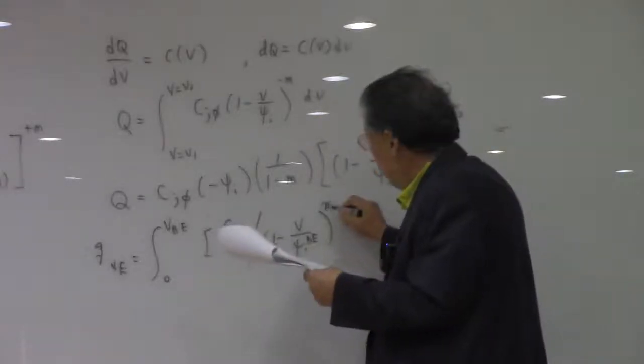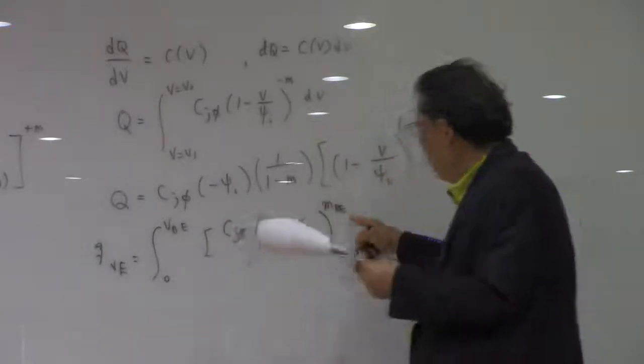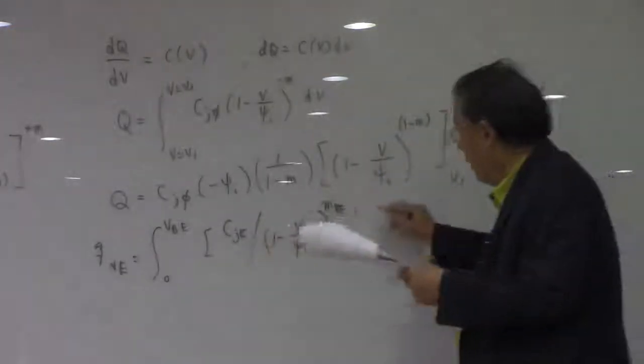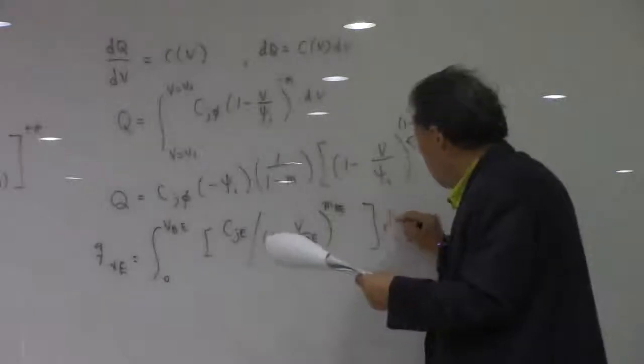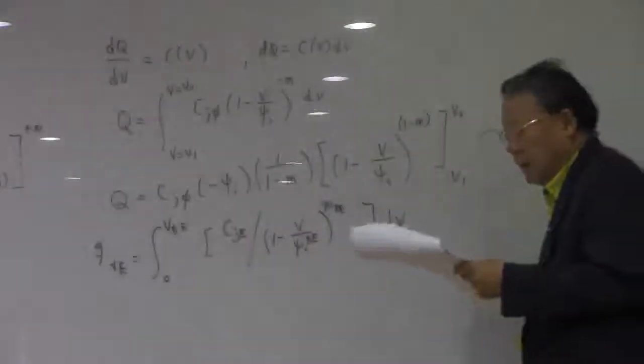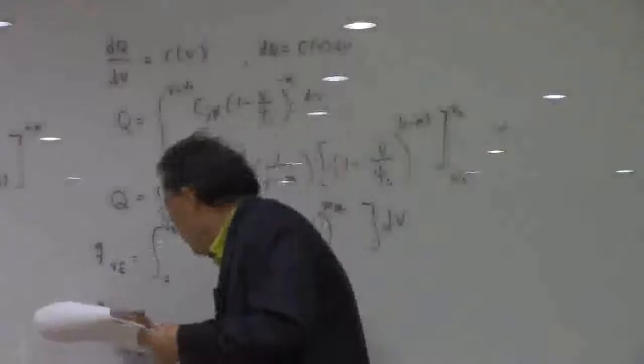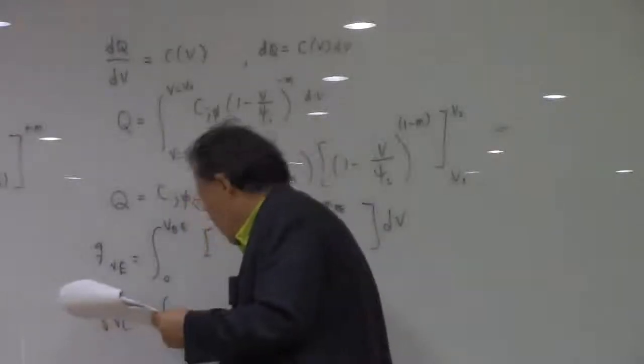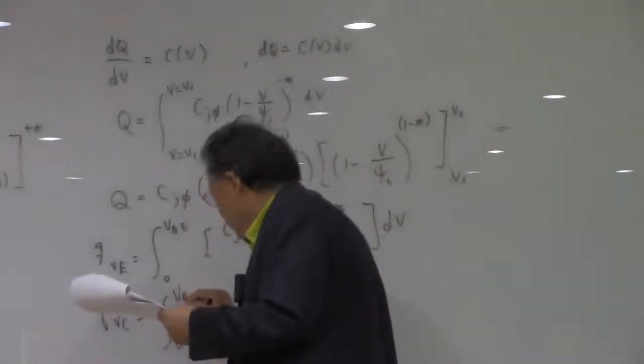And that is M. The M value is for the base and emitter, so I have to write down something like this.